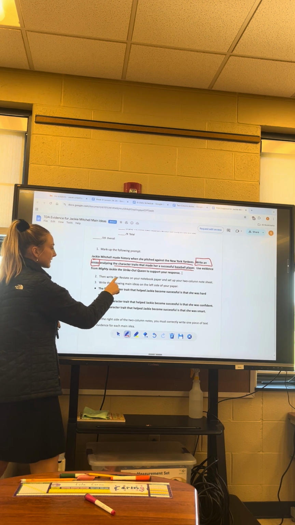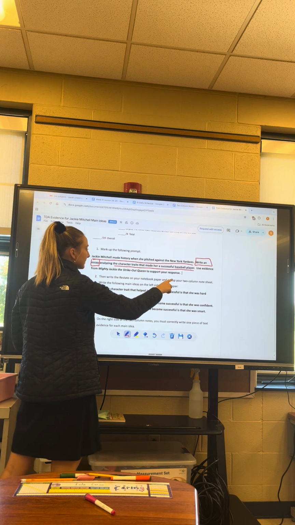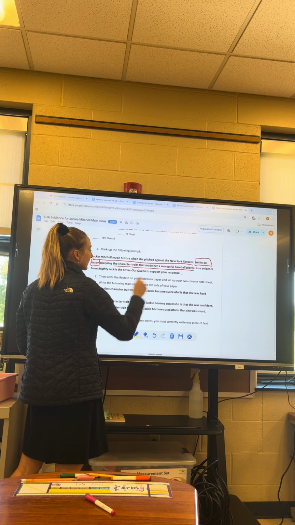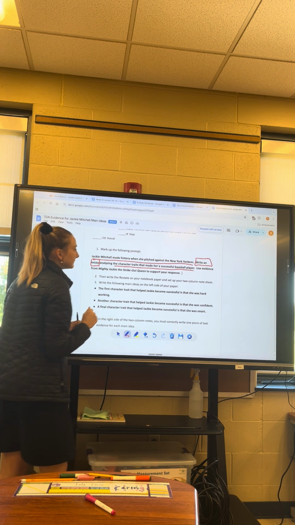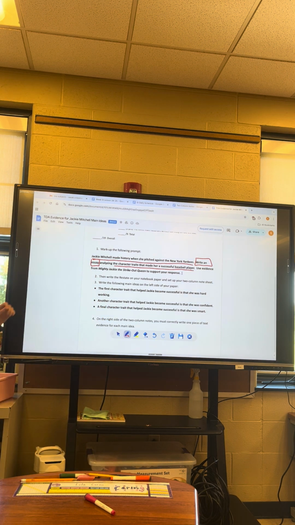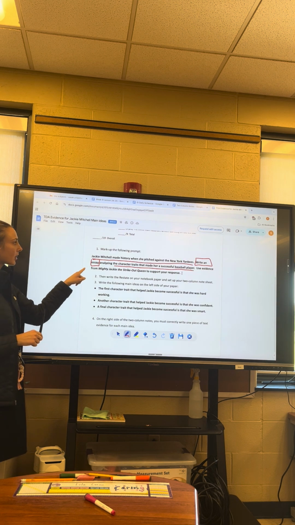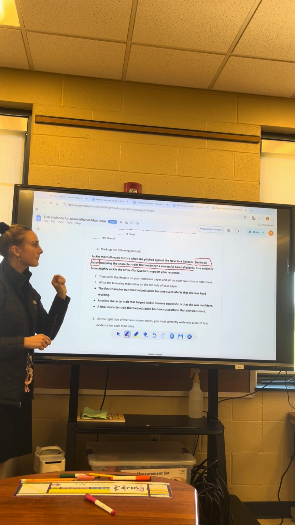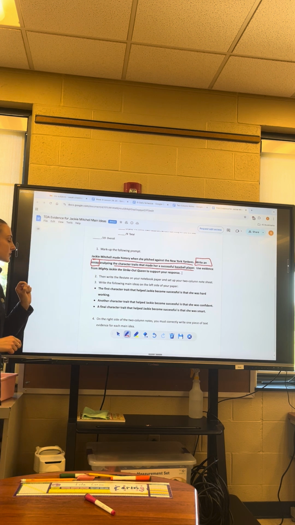It says, then write the restate on your notebook paper and set up your 2-column note sheet. Write the following main ideas on the left side of your paper, okay? So, as you can see, this is how you're gonna mark up your prompt. Find your background sentence, find your main topic sentence, and box those 3 words, write an essay.